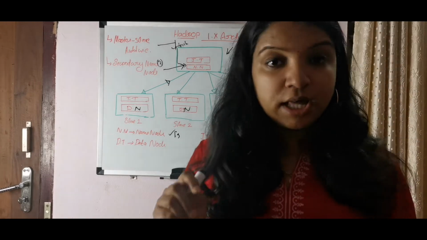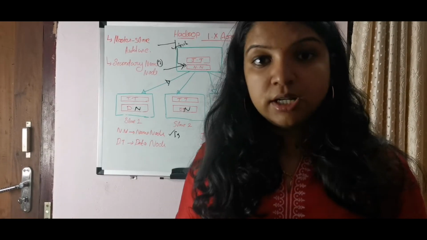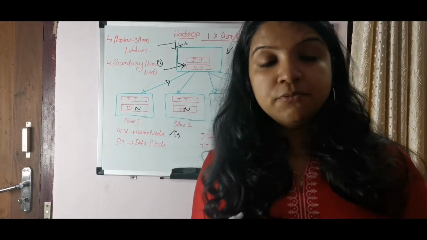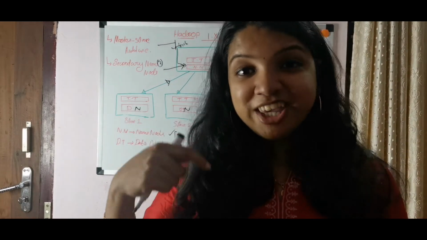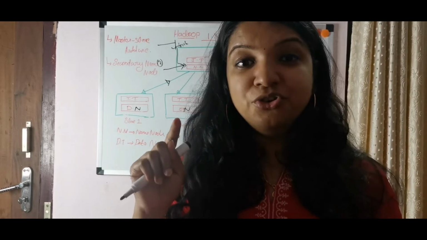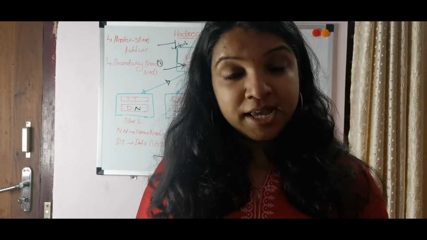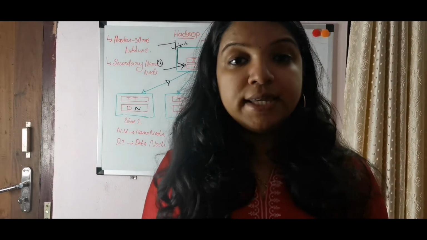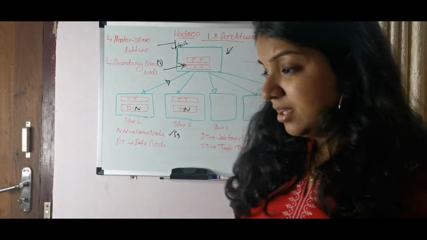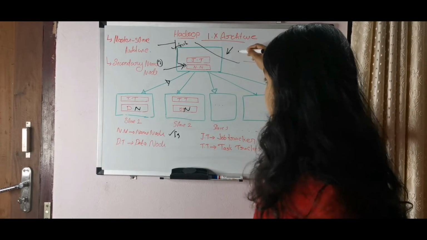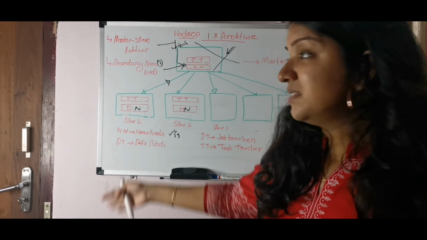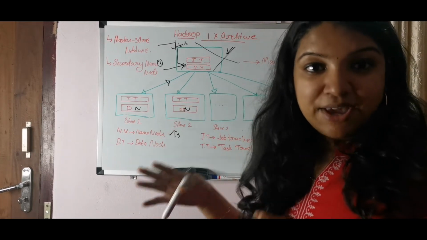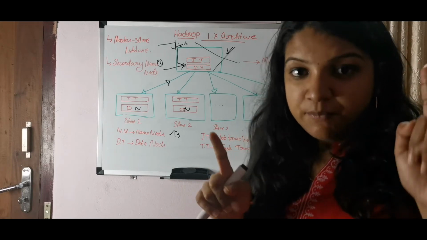So this is the overall idea about the Hadoop 1.x architecture. Then you can raise one question: why did we implement the new 2.x architecture? There is a drawback in this master and slave architecture. For example, 3000 slave nodes are attached to only one master node.